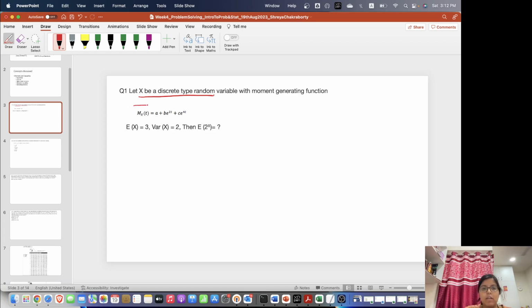And we have been given the MGF of the distribution of x. Then from the MGF of a discrete type of random variable, how can we find out what the value of x is and what the probability of x is from this function?